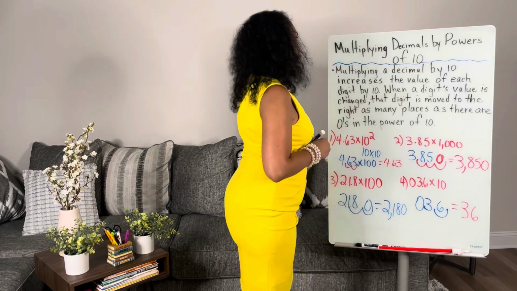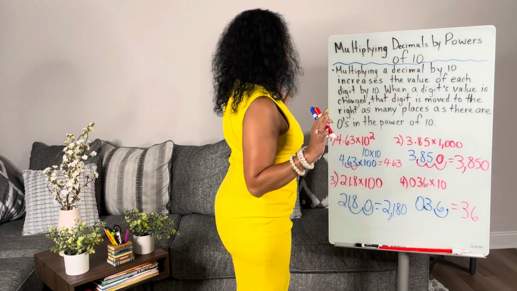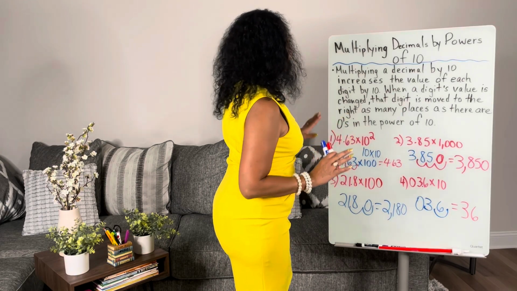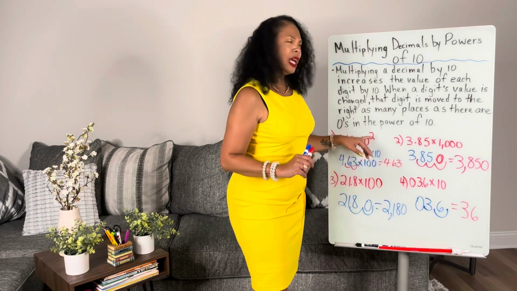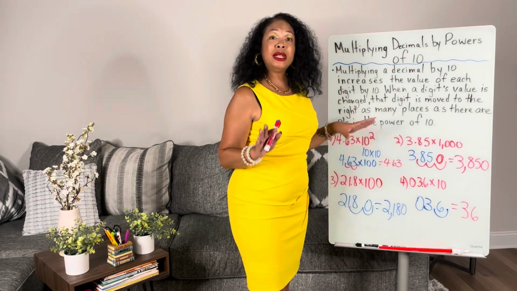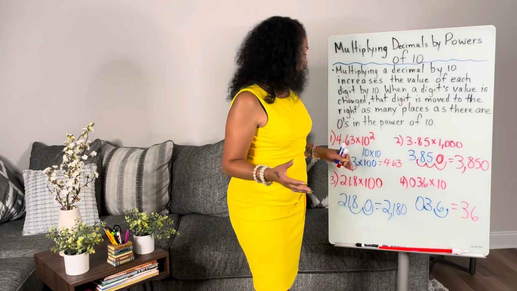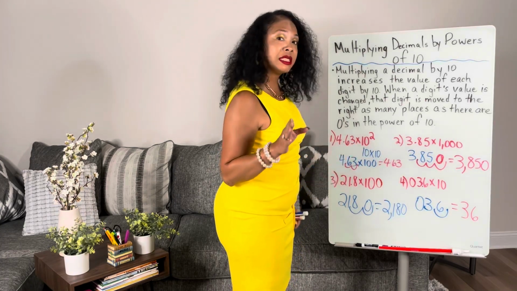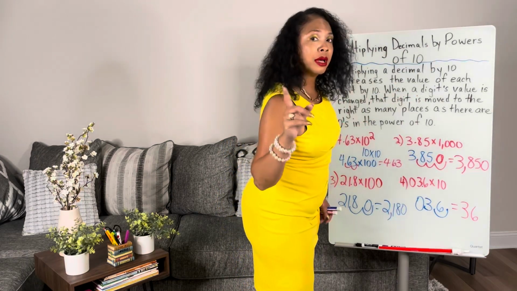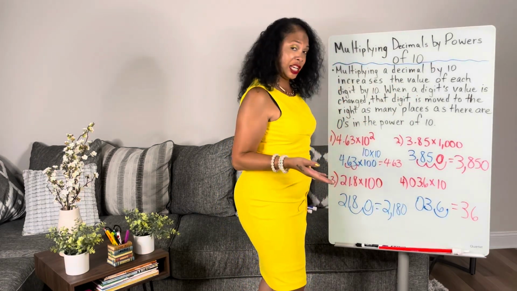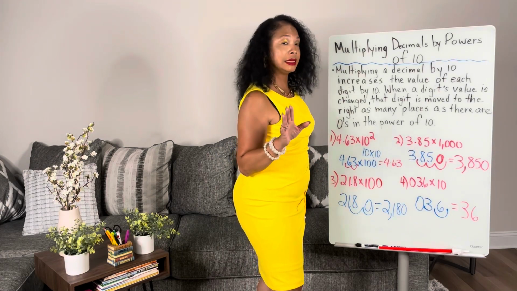Okay? So now let's review what we did. So we looked at our power of 10 and we looked to see how many zeros is in our 10, right? And it tells you how many times you have to move the decimal to the right. Now remember, the value is changed when you move that decimal, okay? It's not the same.